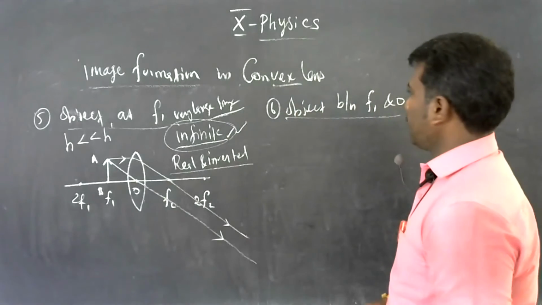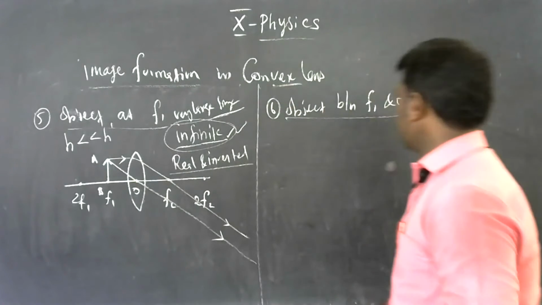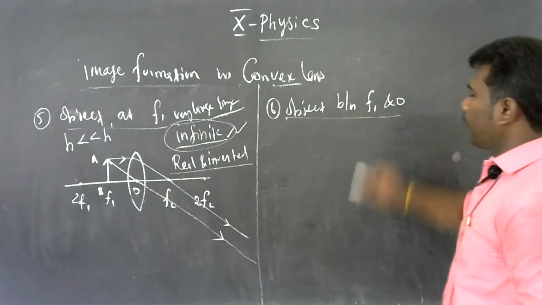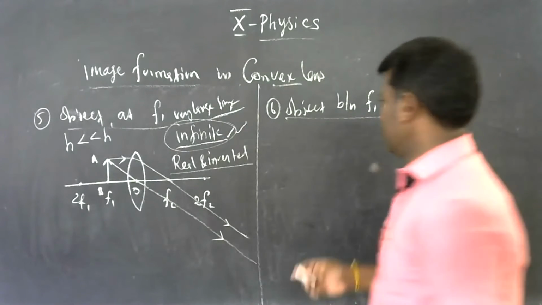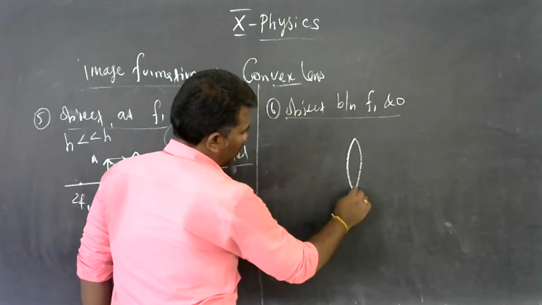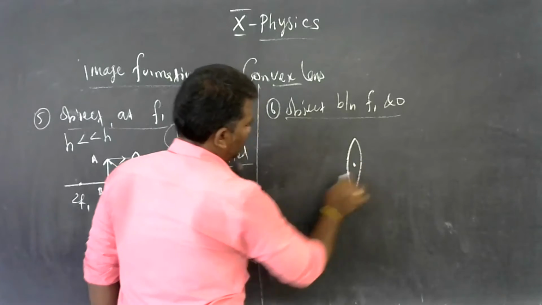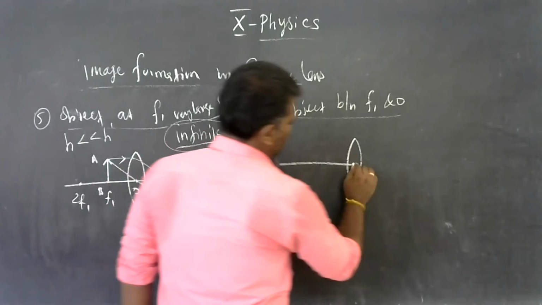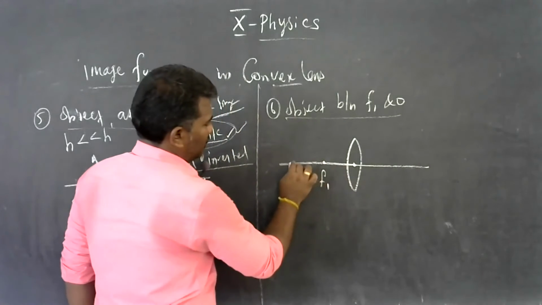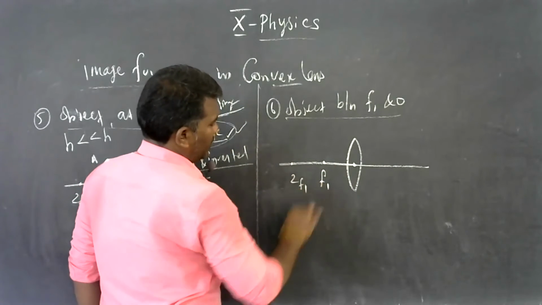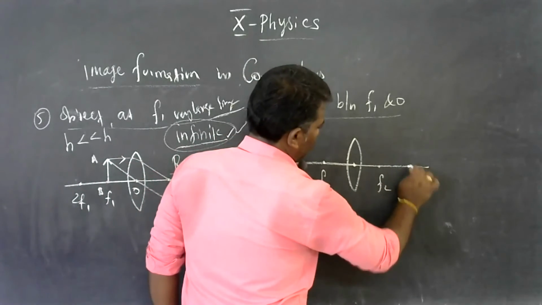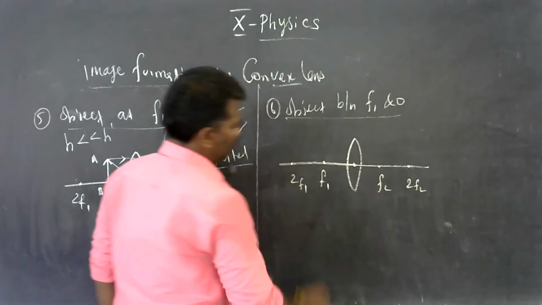And next one, the sixth case. Sixth one, we are going to place the object between the point F1 and O. Convex lens, optical center, principal axis, and F1 and 2F1, F2, 2F2.